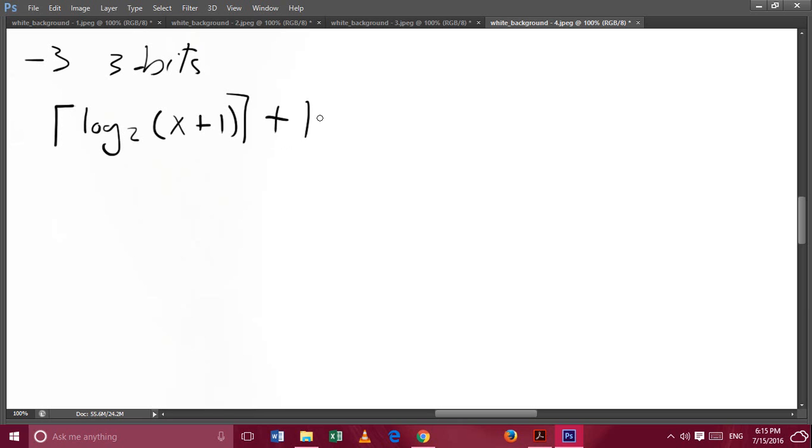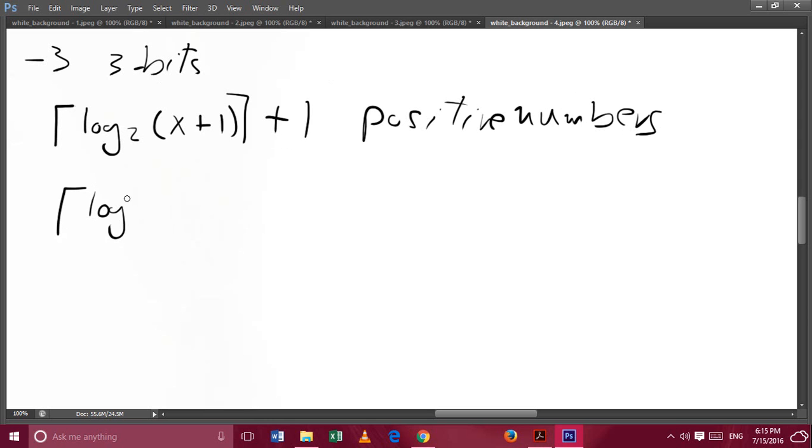This is for positive numbers. And this equation here, the ceiling of log base 2 of the absolute value of x, plus 1. This is for negative numbers.